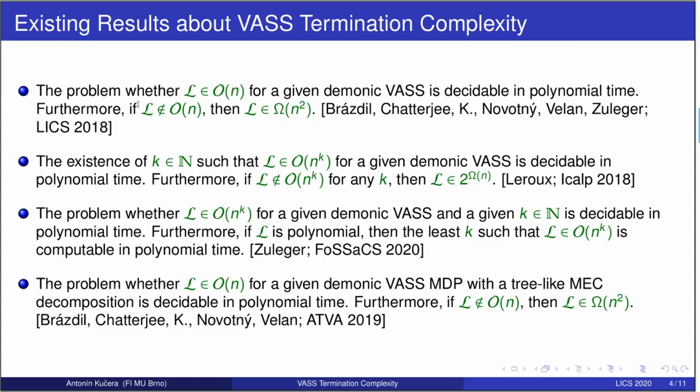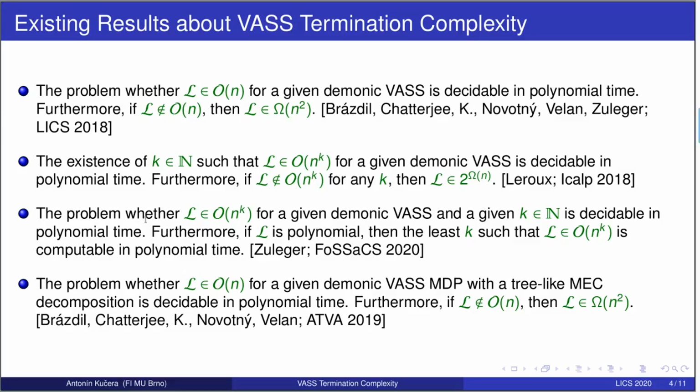And furthermore, it is known that if the termination complexity is not linear, then it is at least quadratic. The question whether the termination complexity of a given demonic VASS is bounded by some polynomial is also decidable in polynomial time. And again, there is a kind of gap saying that if the termination complexity is not polynomial, then it is at least exponential.